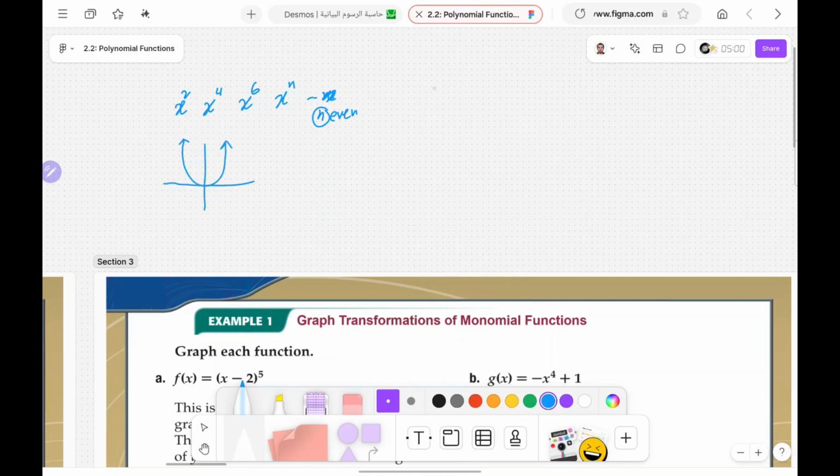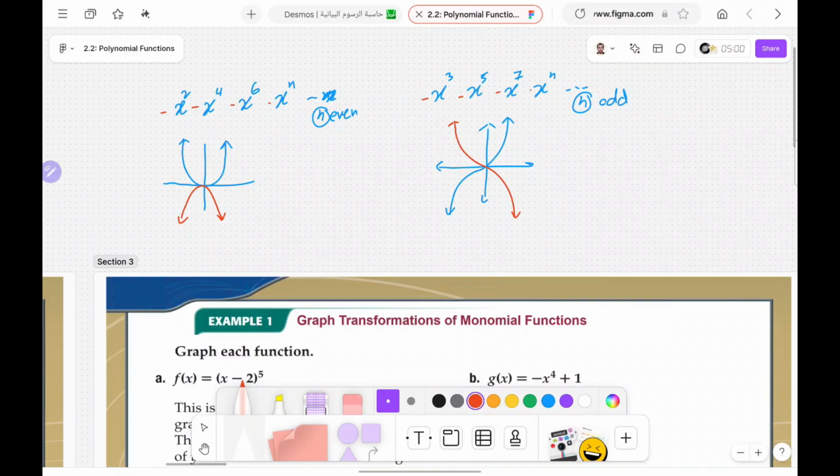And when the function is x to the power of 3, x to the power of 5, x to the power of 7, whatever, and n is odd, an odd degree, the function starts down and ends up. So the function is always like this. And if a is negative, the even function will be reflected over the x-axis, and the odd function will be reflected over the origin. This is what you can see here when I have a negative sign. Now, this is the even and the odd.